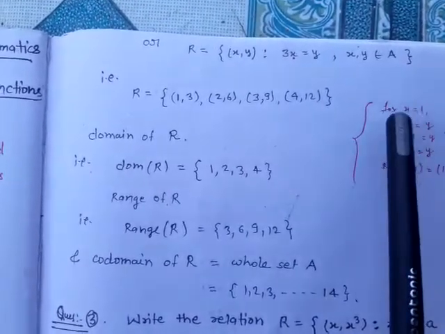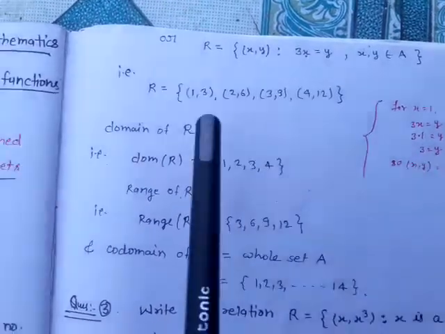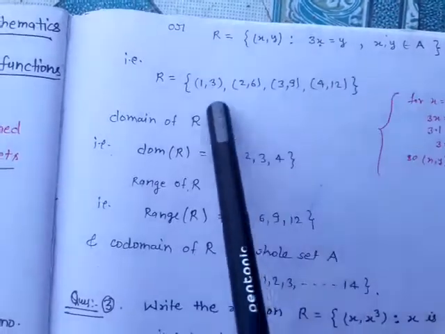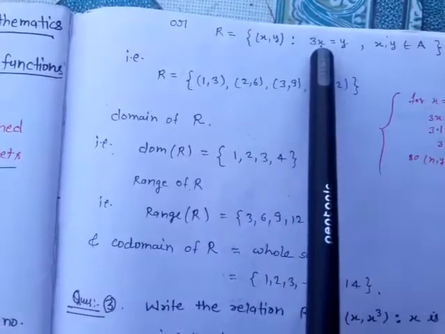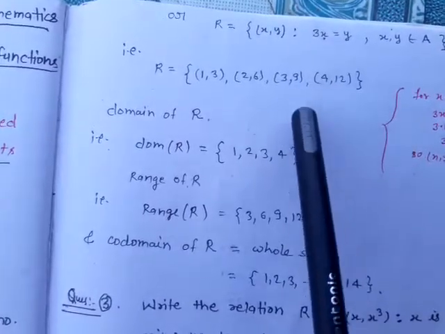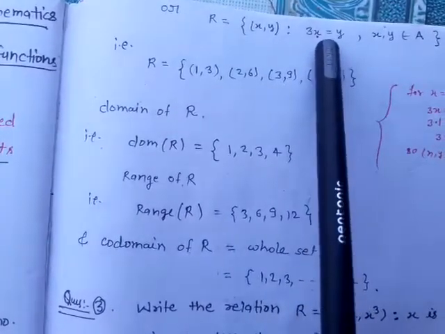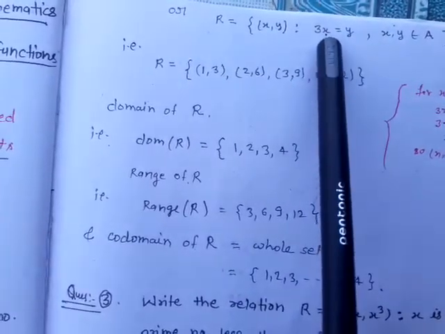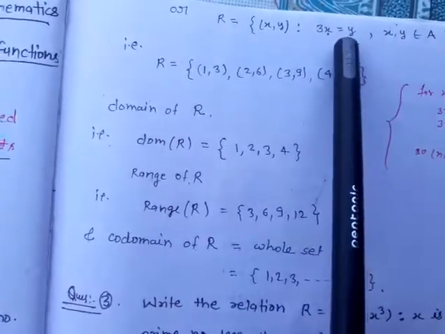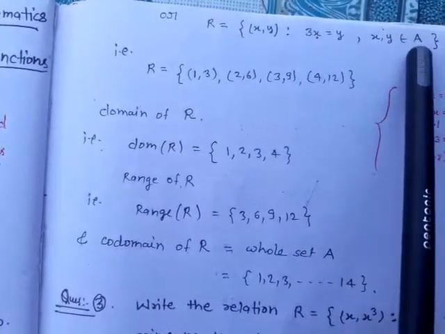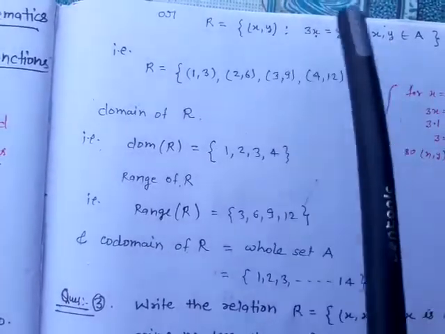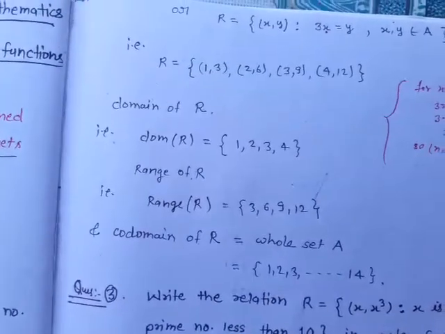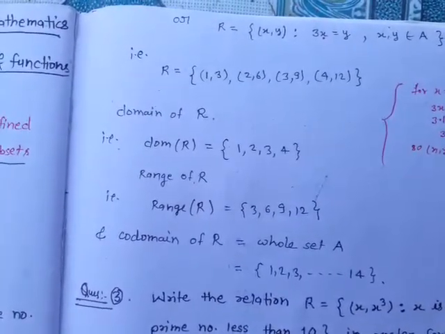So we get the first ordered pair (1,3). Similarly, for x equal to 2, 3 times 2 is 6, so we get (2,6). For x equal to 3, 3 times 3 is 9, the third ordered pair (3,9). For x equal to 4, 3 times 4 is 12, so (4,12). For x equal to 5, 3 times 5 is 15, but the limit is 1 to 14 and 15 is out of this range, so we do not include 15. We get 4 ordered pairs: (1,3), (2,6), (3,9) and (4,12).